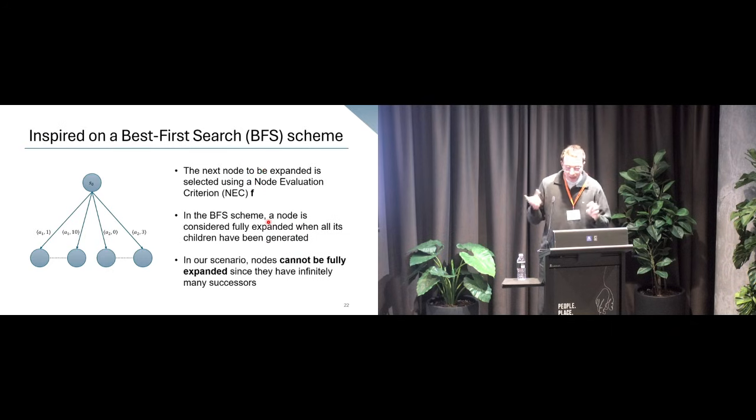So in this type of schemes, we already know that when we select a node, we expand it and we generate all of the successors of the state, right? But in this case, we have an infinite amount of successors. So we cannot generate all of the successors since we cannot store in memory an infinite amount of nodes, right?